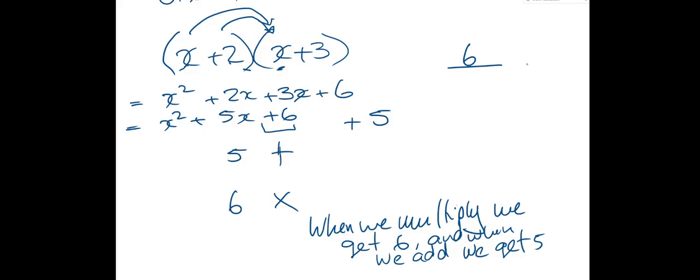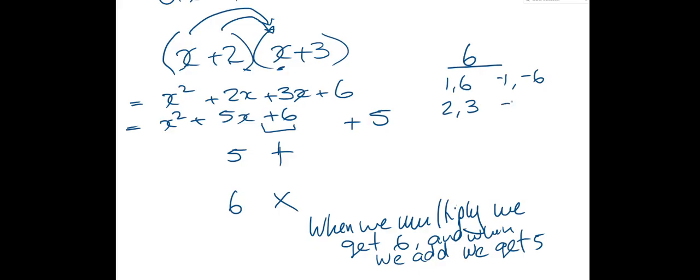So what are the factors of 6? What are the two numbers that multiply to give us positive 6? Well, there's 1 and 6. 1 times 6 is definitely positive 6. But also remember, negative 1 and negative 6 also give us positive 6. 2 and 3 would multiply together to give us positive 6.